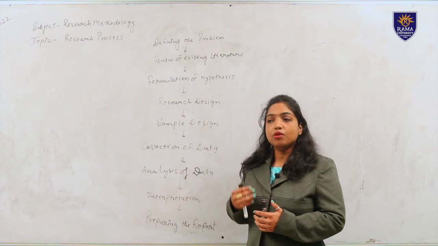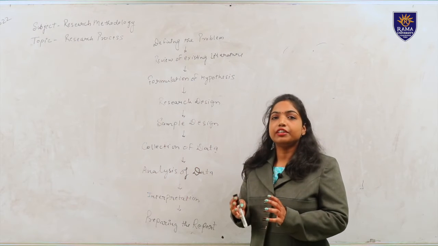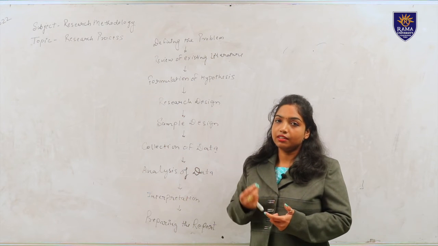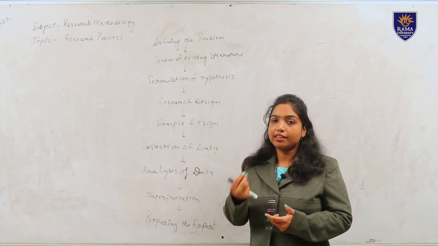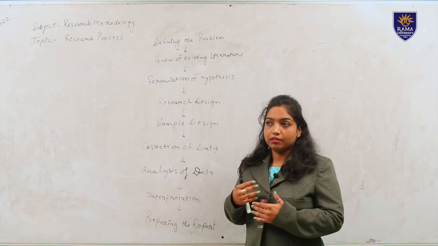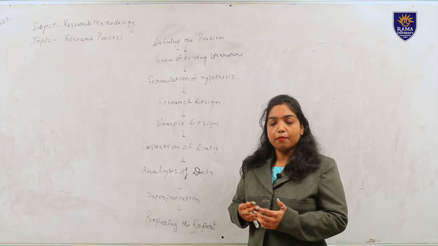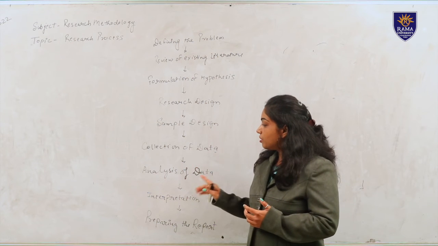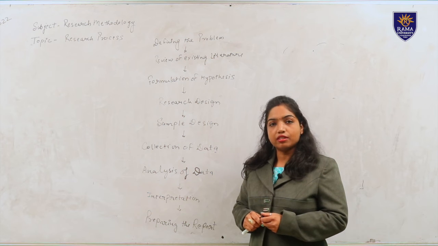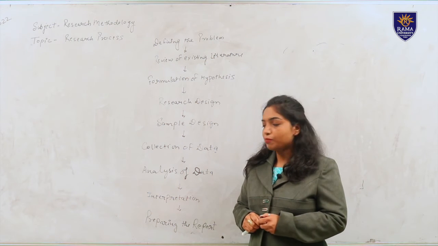So we have to convert it through coding and tabulation, so that we can easily interpret and analyze the meaningful information from that data and use it for decision making. In analysis of data, we can also use different statistical tools, like different statistical formulas, for analysis purposes.